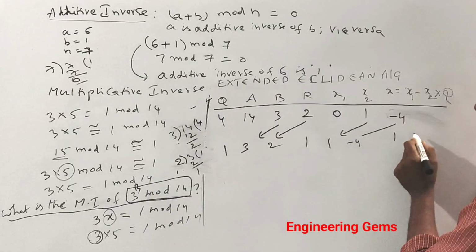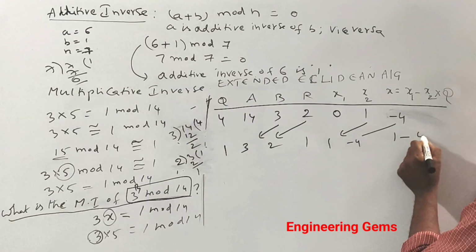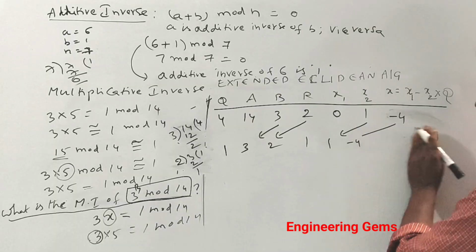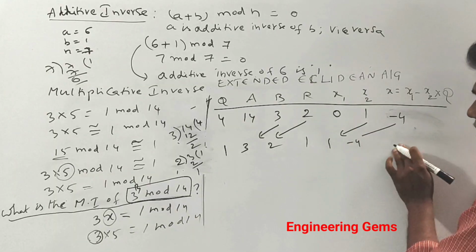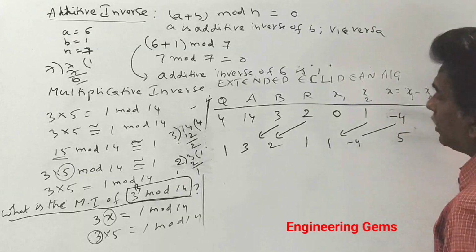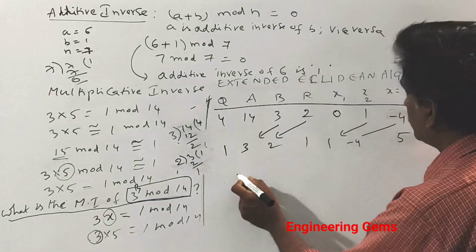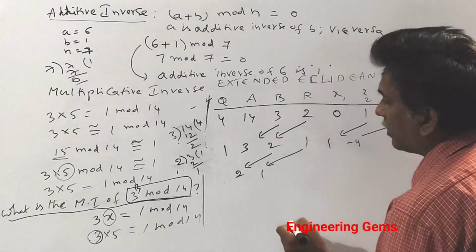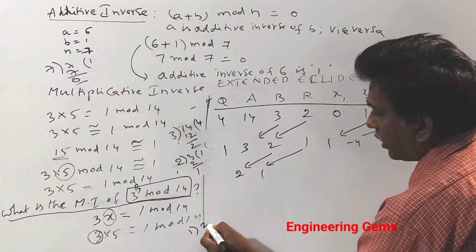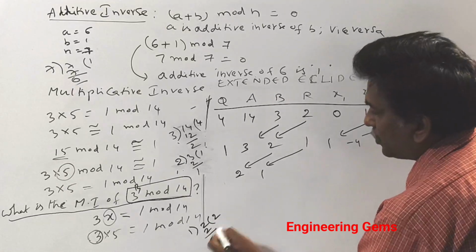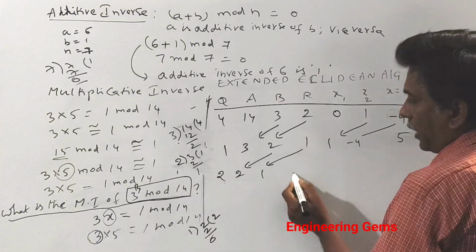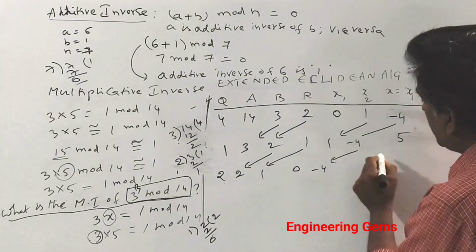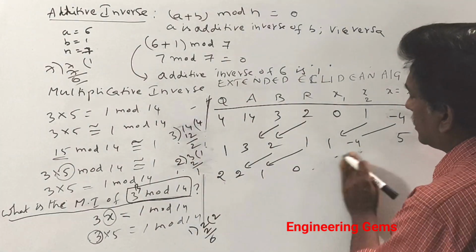Formula: x1 minus x2 into q. 1 minus minus 4 into 1, that is 5. Now 2 is shifted here, 1 is shifted here. Again 1 and 2: 1 two is 2, remainder is 0. So the coefficient is 2, remainder is 0. Now this minus 4 is shifted here.